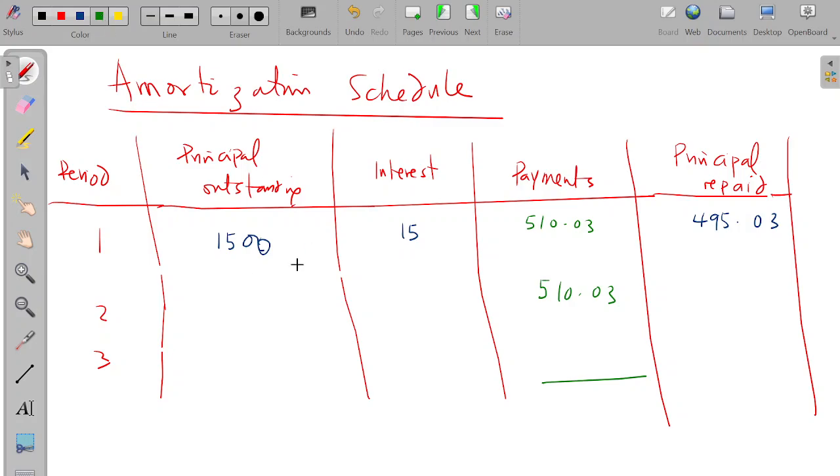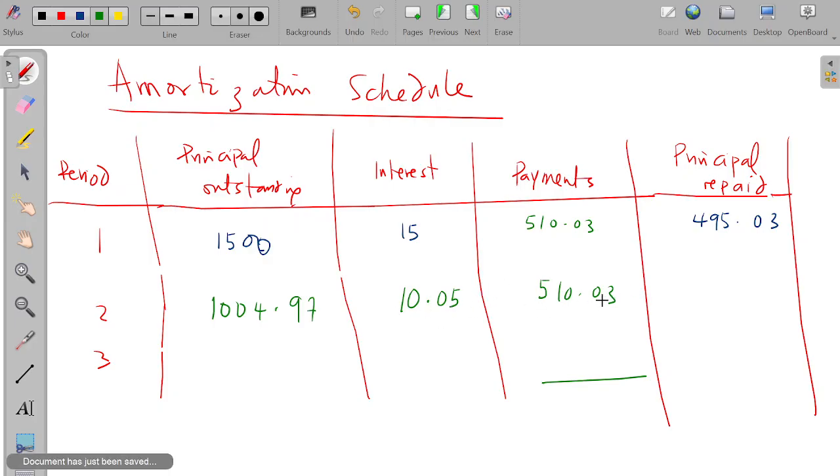Now, to get the second period, this 1,500 minus what is here gives us 1,004.97. That is for the second period. In this second period, we also multiply by our rate, 0.01, and we get 10.05.